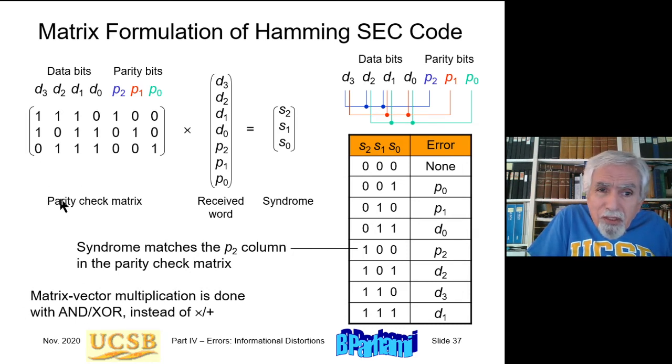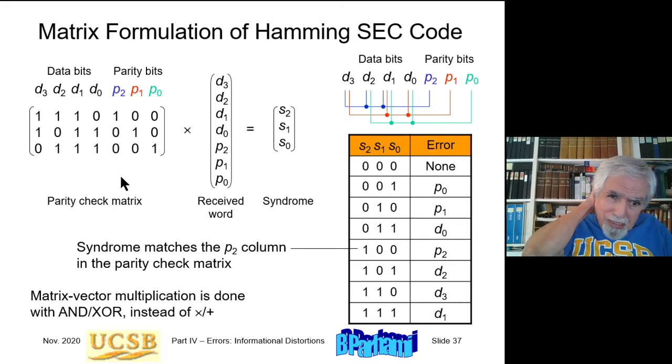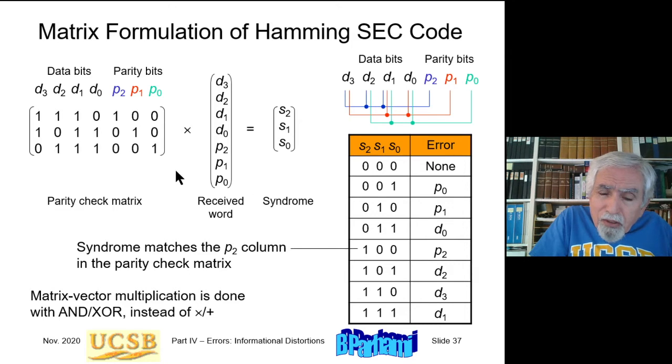So there's a matrix called the parity check matrix, which when multiplied by the received word generates the syndromes. One point I should make here is that when we talk about matrix by vector multiplication in the context of binary error codes, normal matrix multiplication would use multiplication, say 1 times D3, then plus 1 times D2, so you need multiply and add.